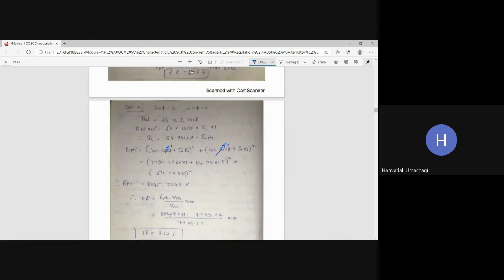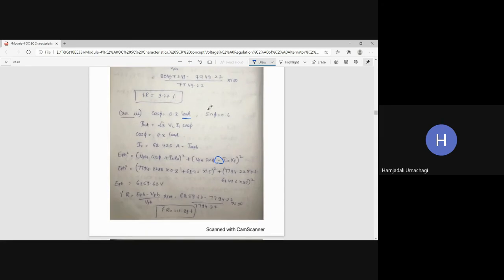Inductive load has more regulation value. The resistive load is also positive, but it is the least positive in comparison with the inductive load. But if you consider leading power factor capacitive load, the regulation will be a very fine value, giving us minimum regulation, that is, negative regulation values. Negative regulation means better performance.